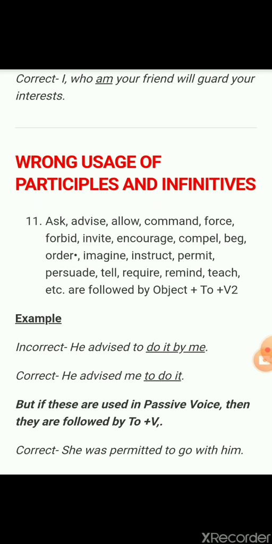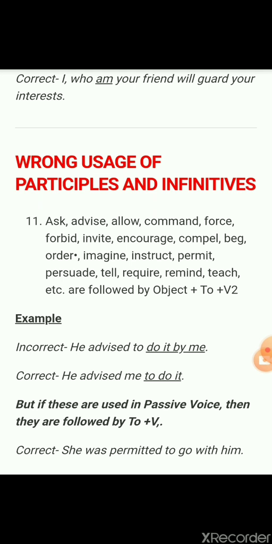He advised me to do it. So when advised, asked, allowed, commanded, forced, forbidden, invited, encouraged, such types of verbs are there in the sentence, then you need to add the infinitive, that is to. So the last section of the sentence is erroneous.